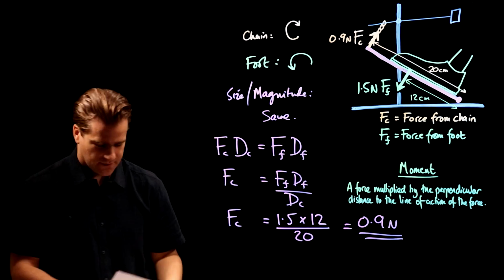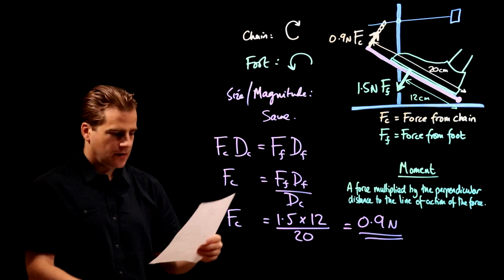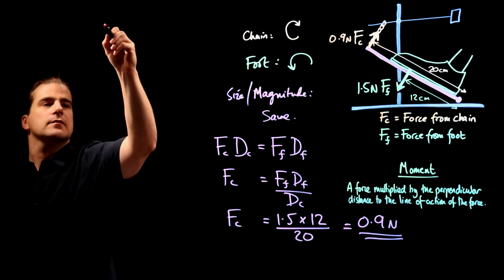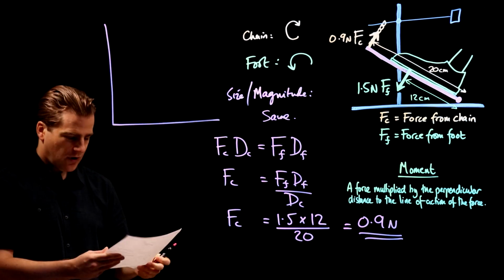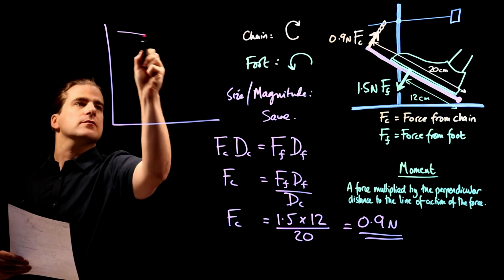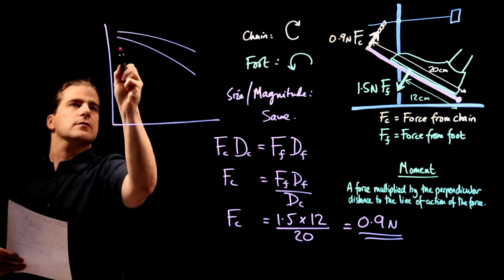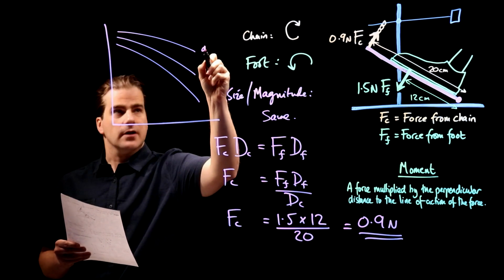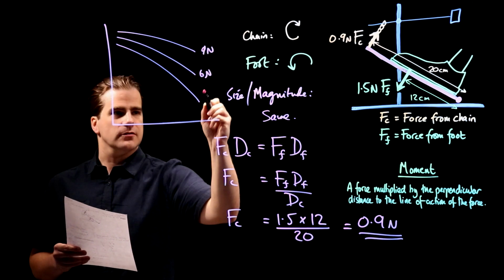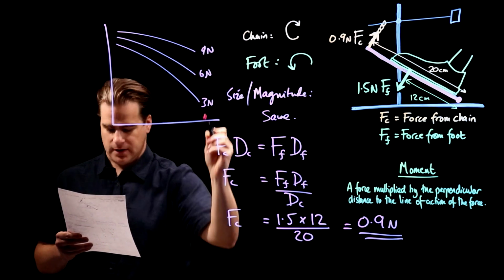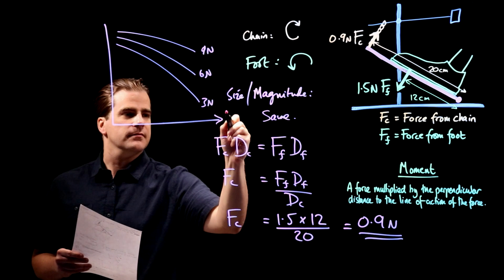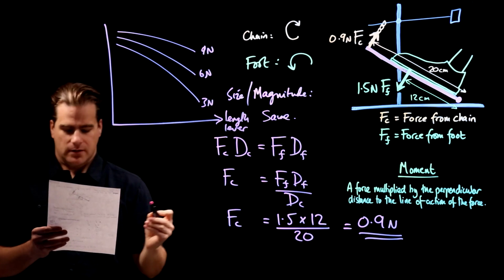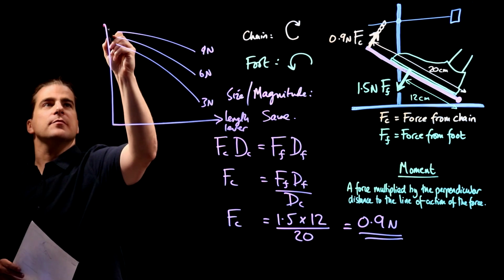Super. Right, next. They've given you this graph and you've got something like that, for 9 newtons, 6 newtons and 3 newtons, and this is the length of the lever and this is the speed of the beater.